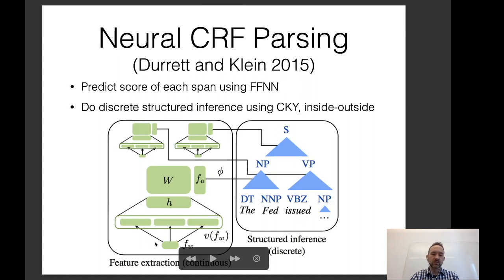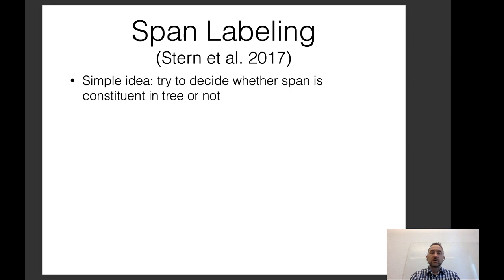We take a model, do feature extraction with it, and for each of the spans, we get a score that's calculated based on the span and the child spans, etc. After you've done this feature extraction, you do CKY in discrete space. So this is an application of the CRFs that you already learned for sequence labeling to tree-structured inference.